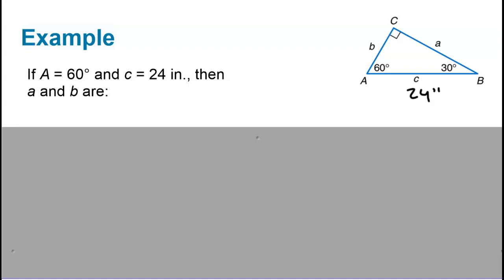Then that means that that is our hypotenuse, and we've gone ahead and identified that. Let's look and see what the special rule is, because what are we given? We're given the hypotenuse. So if you haven't gotten it yet, go back and look at what the rule is for 30, 60, 90 if you're given the length of the hypotenuse.